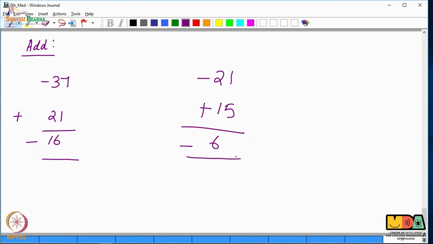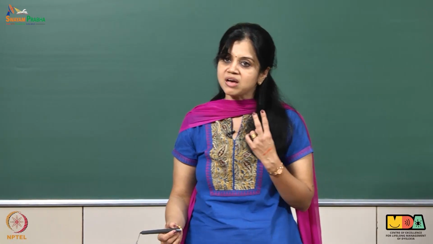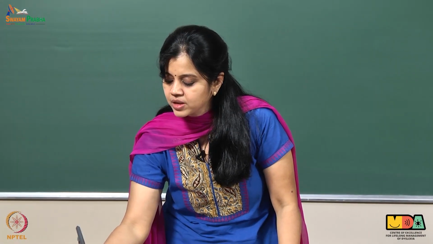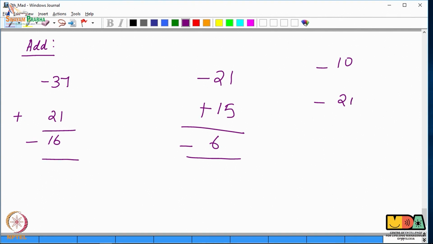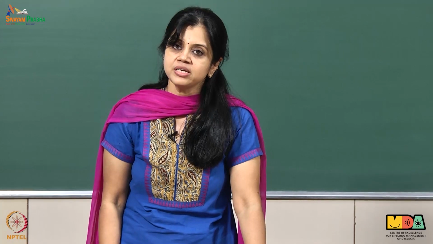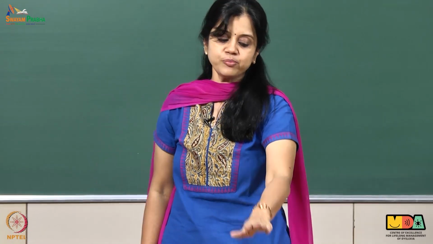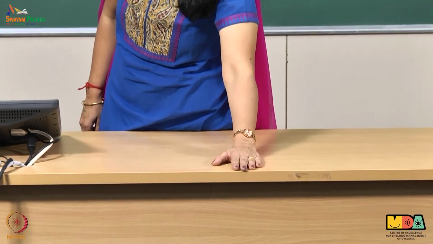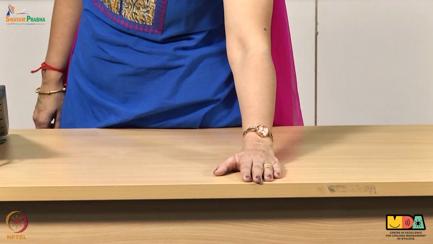Let us see what happens when I have two numbers with the same sign, minus 10 and minus 20. Again, between 10 and 20, which is a bigger number? 20 is a bigger number, and what is the sign affixed to it? Minus. So, they position their hand like this. What is the next number? 10, and what is the sign affixed?